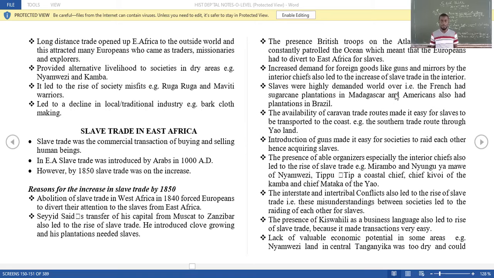When we come to point number three, we look at the presence of the British troops on the Atlantic Ocean. This implies that all these troops were put there to control the enslavement, because people were being taken from West Africa to European countries.